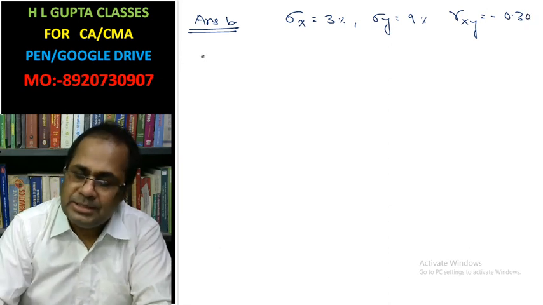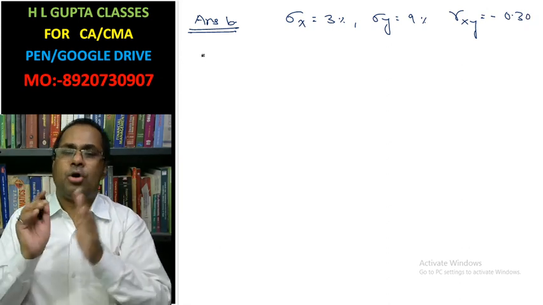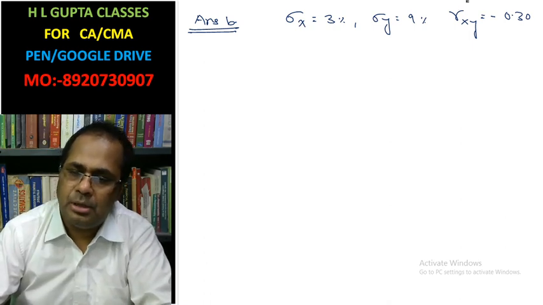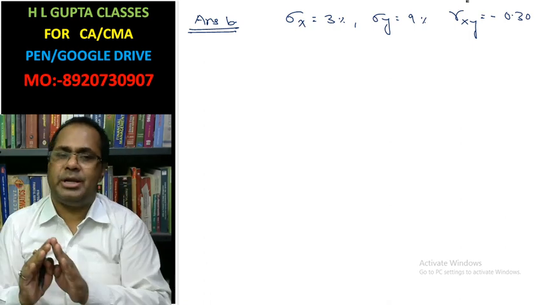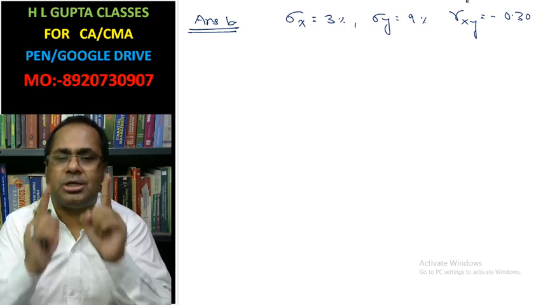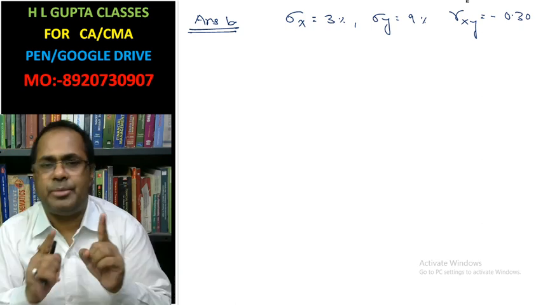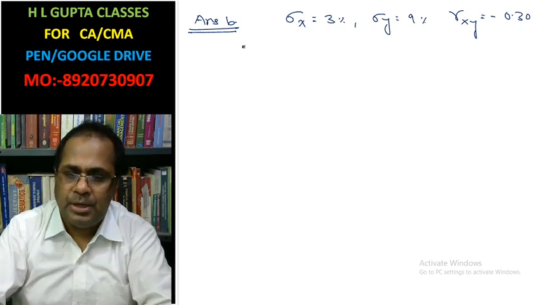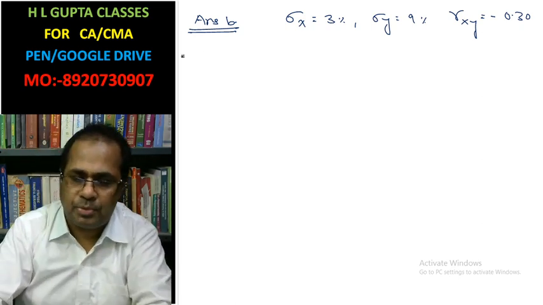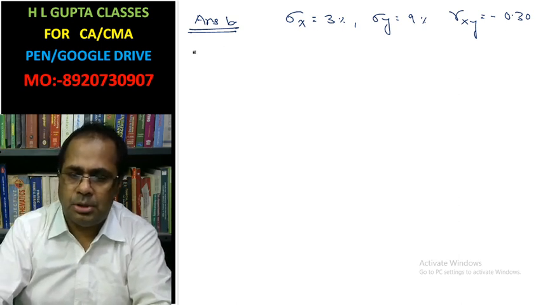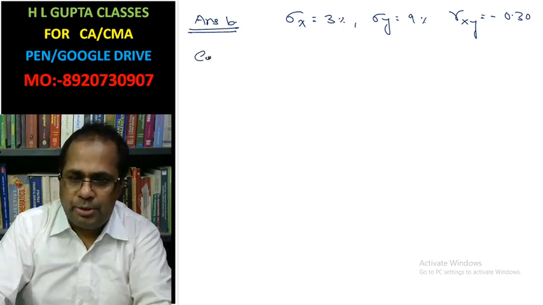In this case, you have to apply the longer formula, because the coefficient of correlation is other than perfectly negative correlation, that is, other than -1. That's why in this case, for other than -1, you have to calculate covariance XY.